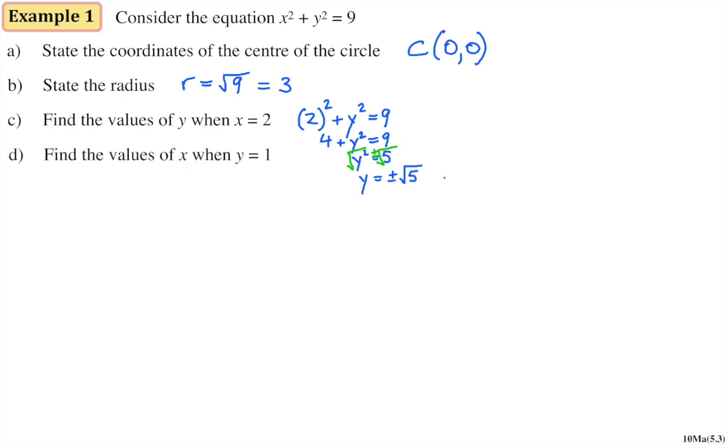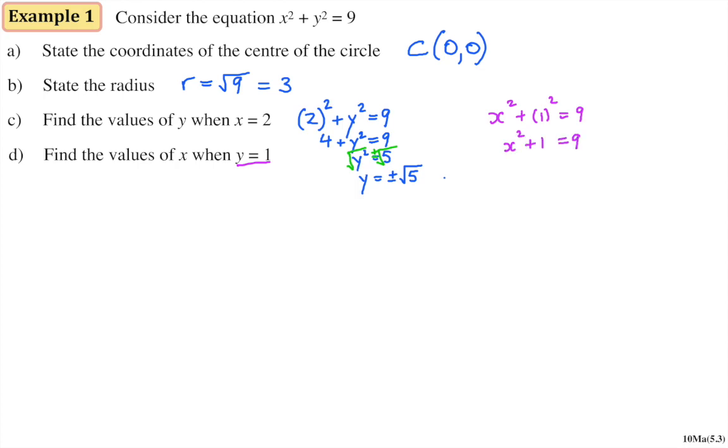Find the values of x when y is equal to 1. Okay, so let's try that. We're going to use our formula again, but everywhere in the formula where I see a y, I replace it with a 1. So I'll do it over here to the right. X squared plus, instead of a y, I'm putting in a 1. 1 squared equals 9. X squared plus 1 equals 9.